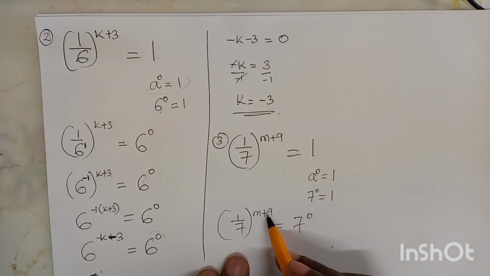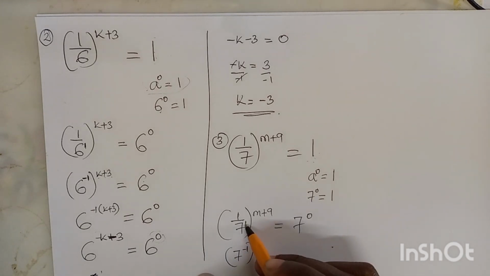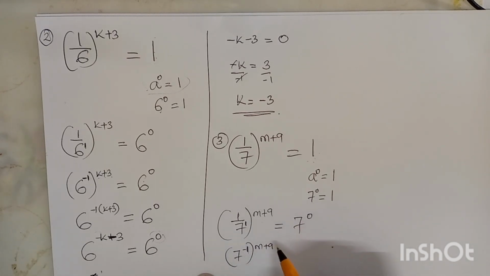And in such a case, I can now replace 1 over 7 with 7 power negative 1, because this is 1 over 7 power 1, which can be written as 7 power negative 1, into m plus 9, equals 7 power 0.